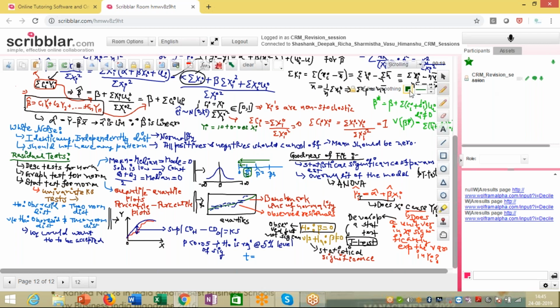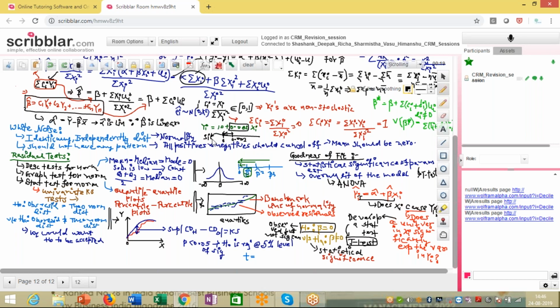Now the question is whether this impact that Xi is creating on Yi is significantly different from zero or not. If I draw this graph, say this is 0 and this is 0.002, then is this difference of beta hat from 0 a significant difference or not?